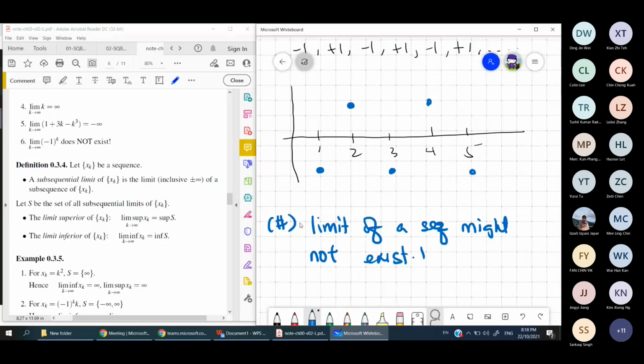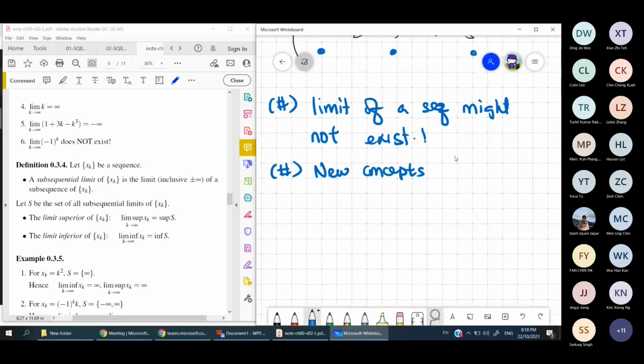So that's why we need to look at another concept. Then we have a new concept, the so-called limit supremum and limit infimum.